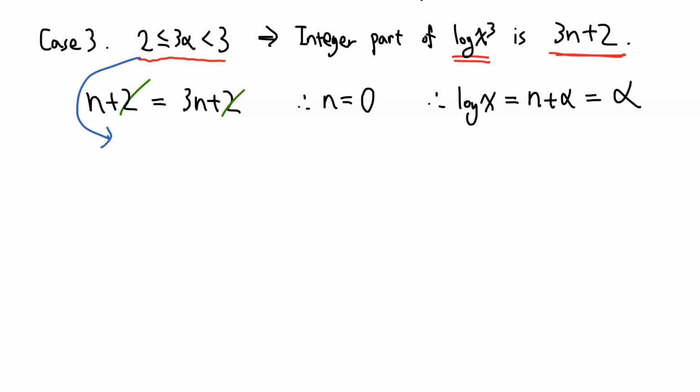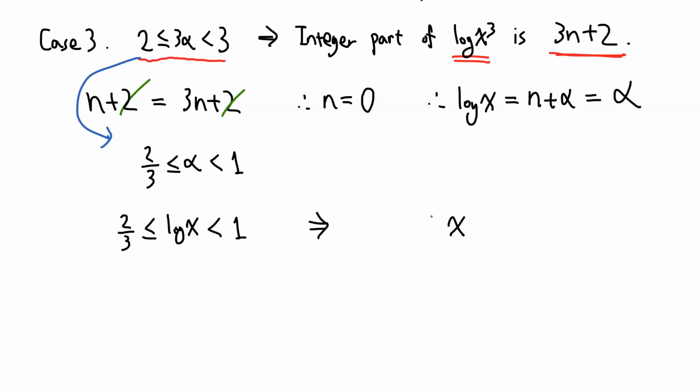And from this condition, we obtain alpha is equal to or greater than 2 over 3 and less than 1. So this means that log x is equal to or greater than 2/3 and less than 1. So for x, we obtain the range equal to or greater than 10 to the power of 2/3 and less than 10. So in our third case, we obtain this range for x.